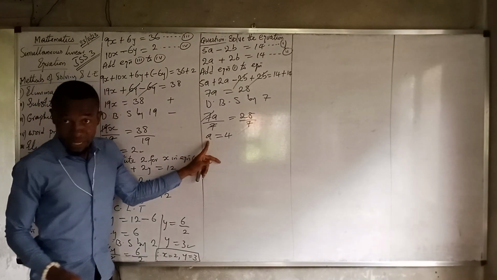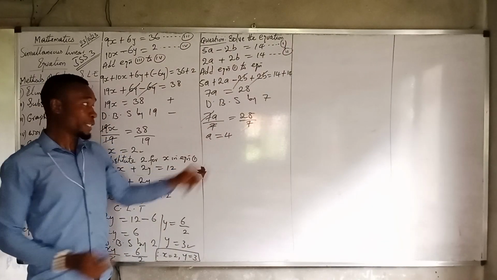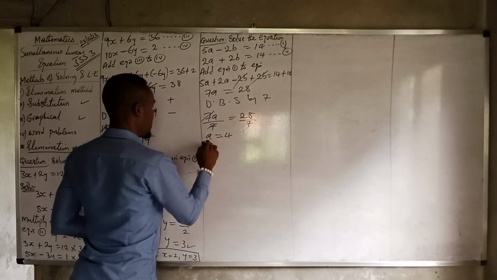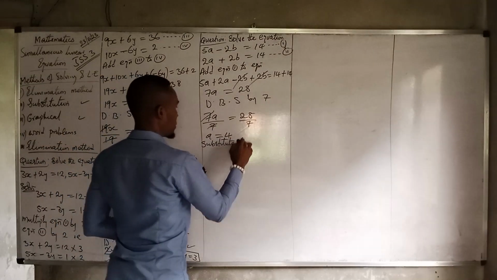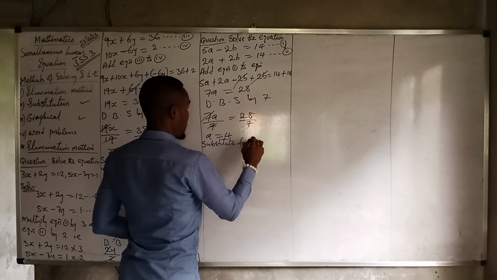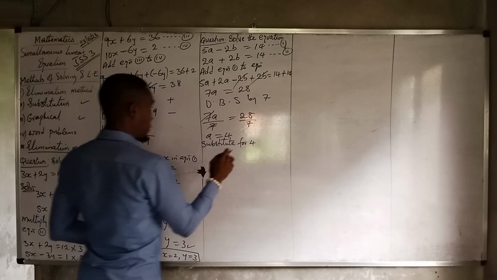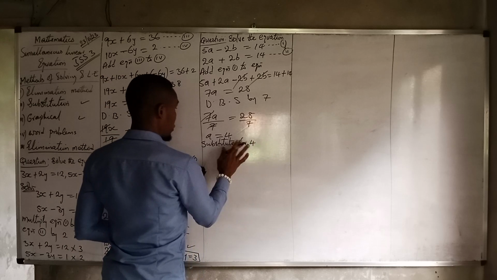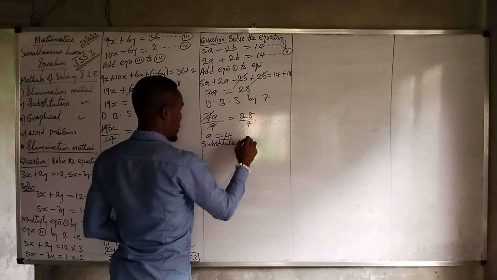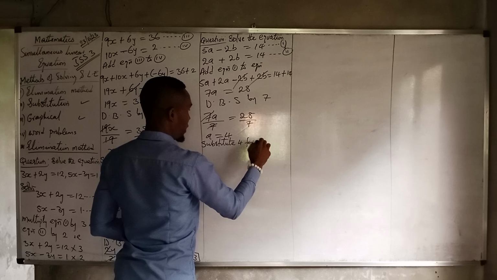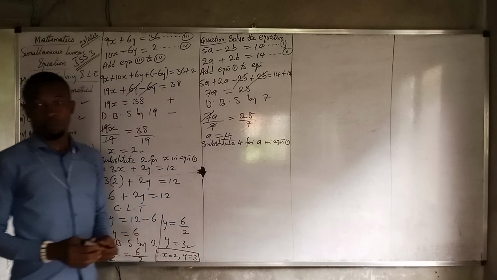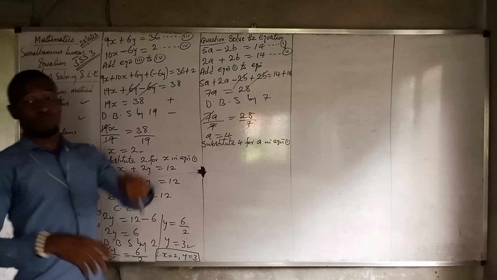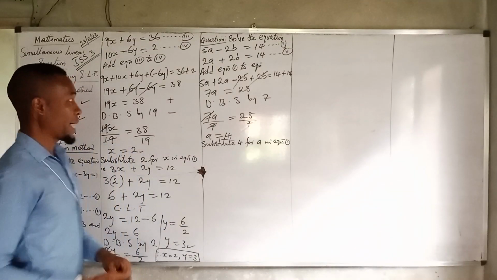The value of a here is 4. So substitute 4 for a in equation 1. You can use equation 1 or equation 2 to get the same answer.